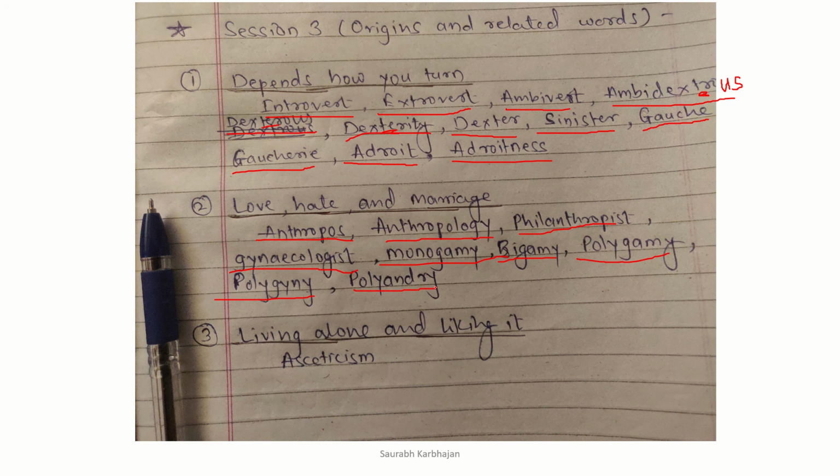So the practice of a man marrying many women is polygyny, and a woman marrying many men is polyandry. Poly means many and andros in Greek means male. So these two words are quite similar to polygamy. Okay, so the last part, which is living alone and liking it.